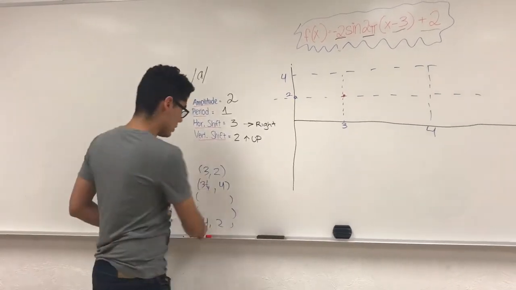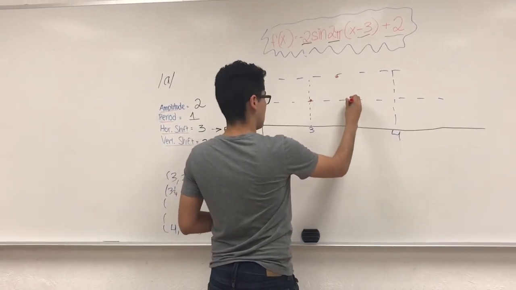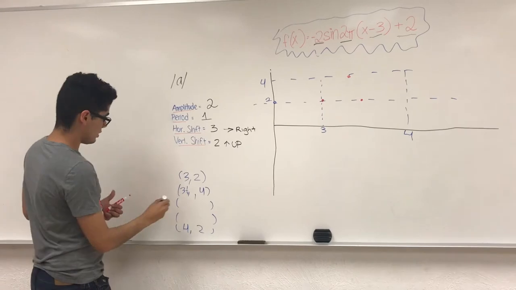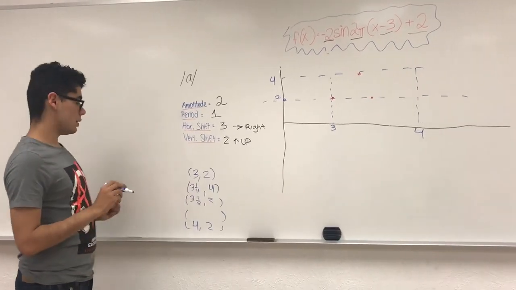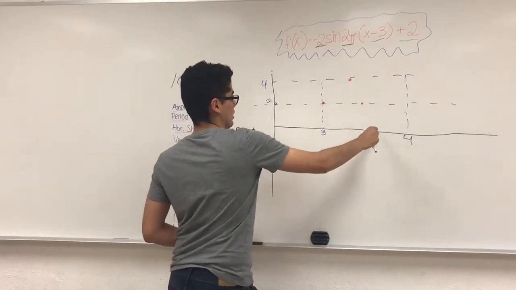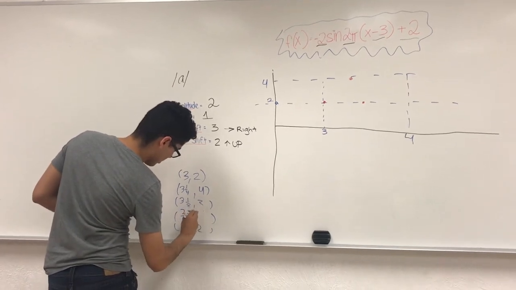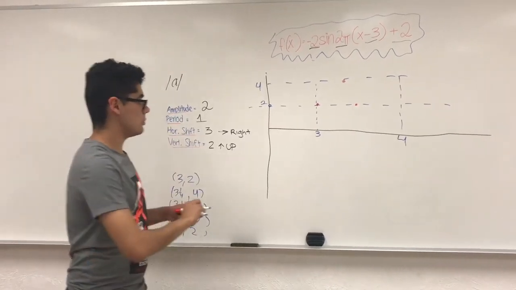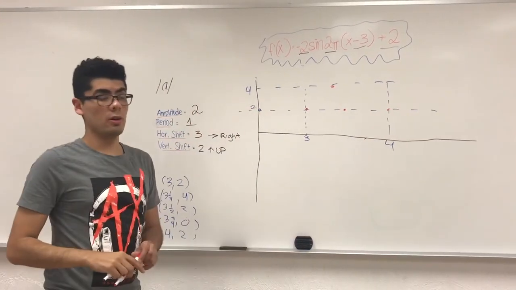Then we know that the graph will return to its average point, so it's 3 1/2, 2. And then the graph will make the same distance from here to here, but in negative, for the next point. So it will be 3 3/4, 0, and return to the average, but on 4.